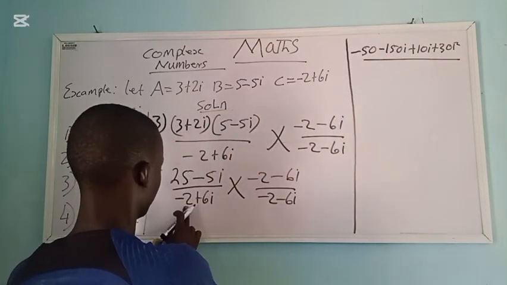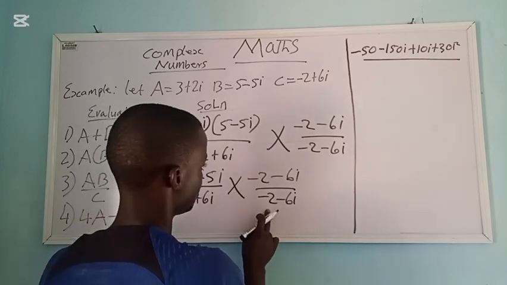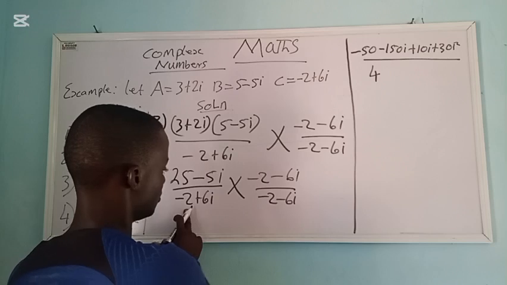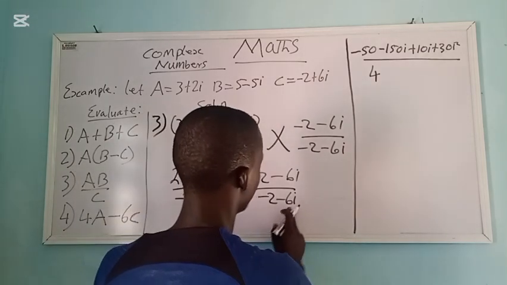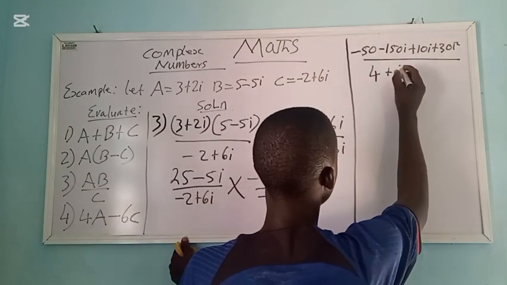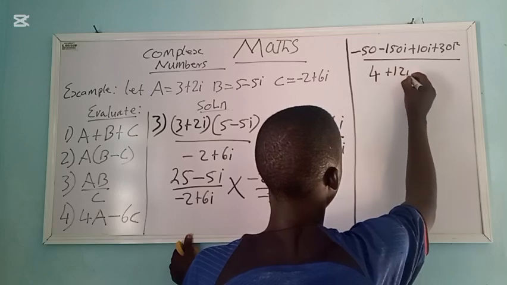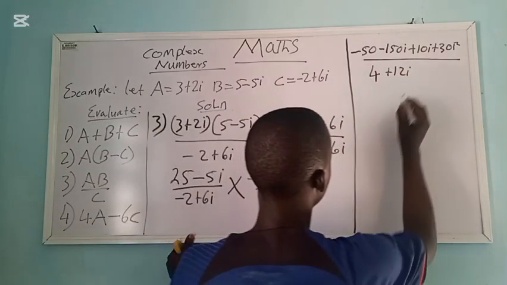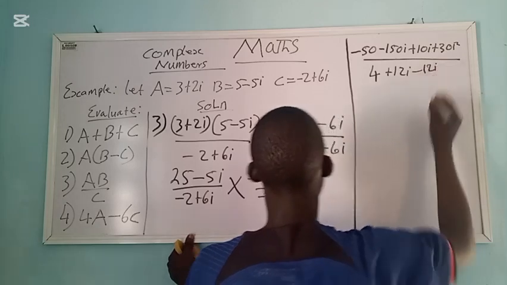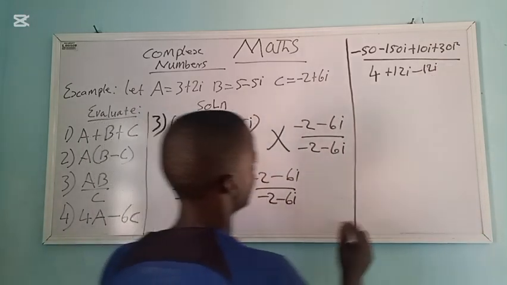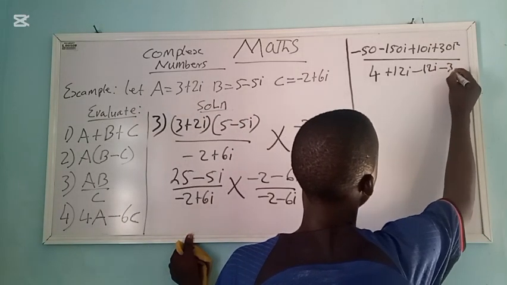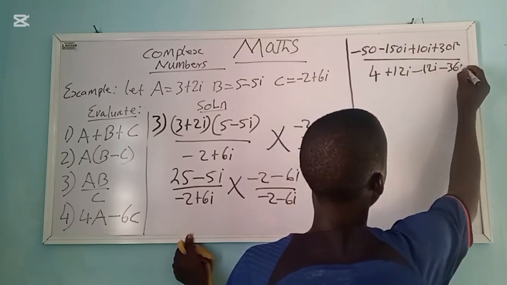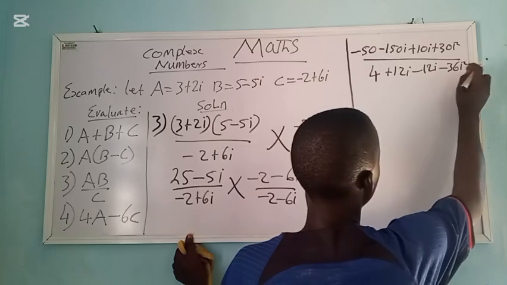Minus 2 times minus 2 will be 4. Minus 2 times minus 6i will be plus 12i. 6i times minus 2 will be minus 12i. 6i times minus 6i will be minus 36i squared. This square is for the i.